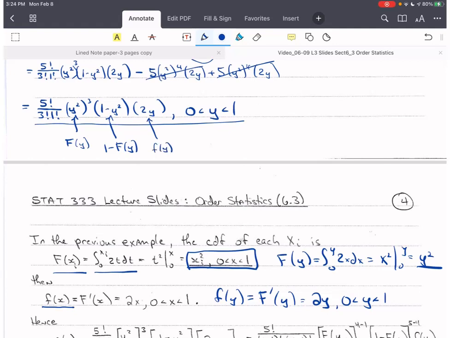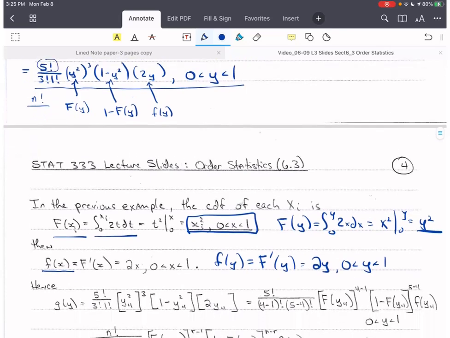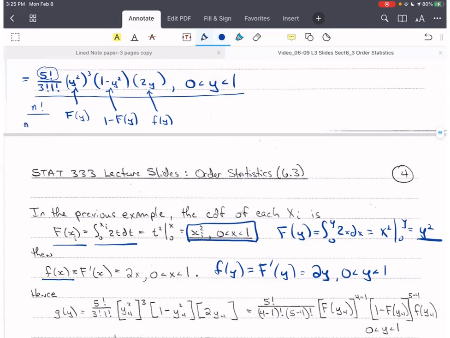Okay? So I've got n factorial, and then I've got n minus 2 factorial, 1 factorial.